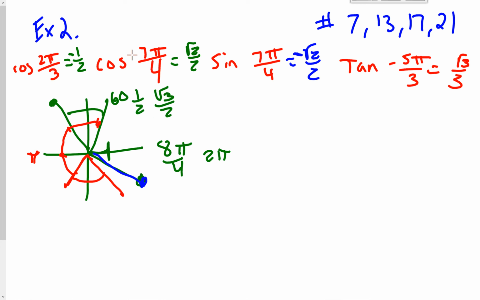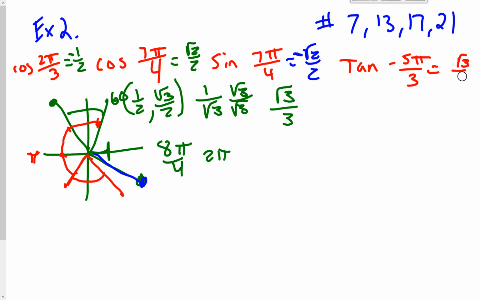The 2's are going to cancel, and I'm going to get root 3 on the bottom, so I'd have to rationalize. Oh, cancel that, sorry. It's just plain root 3. 60 degrees is just plain root 3.